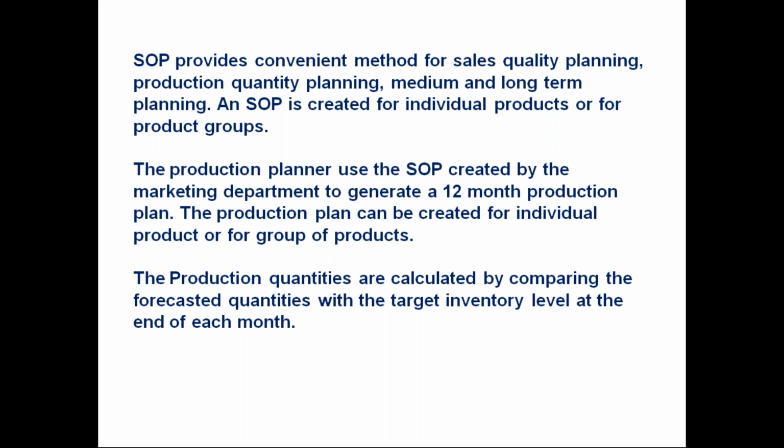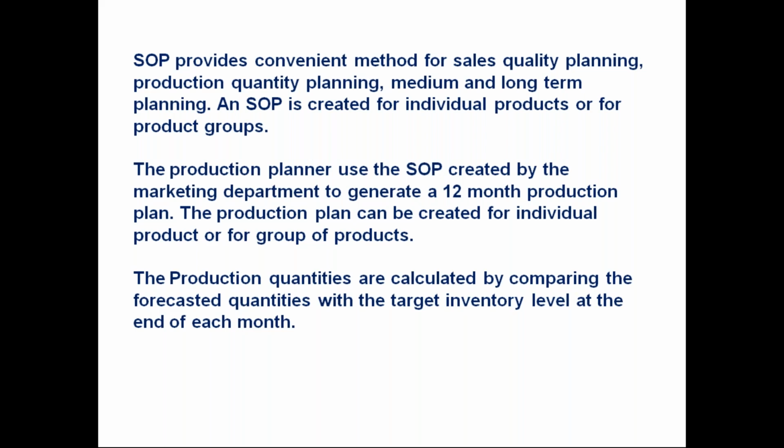The results of SOP can be passed on to the cost center accounting and activity based costings. This sales and operation planning provides a convenient method for sales quantity planning and production quantity planning.